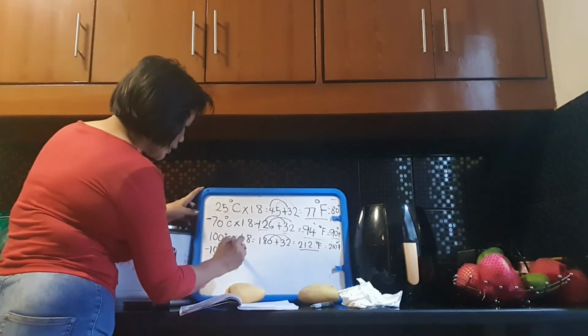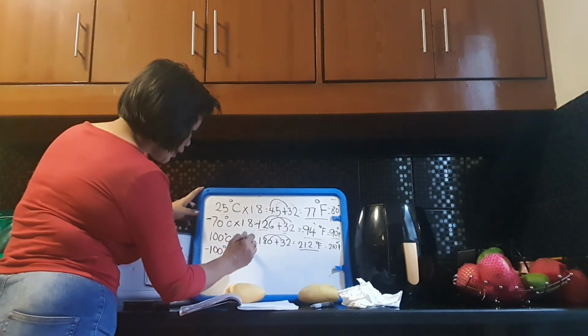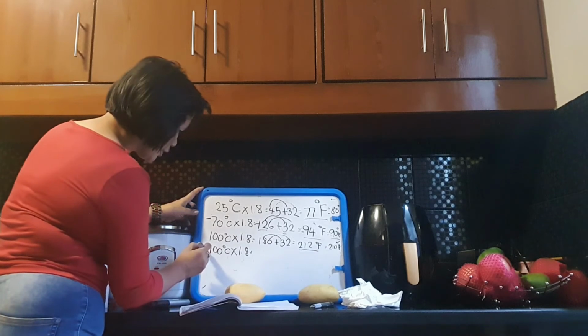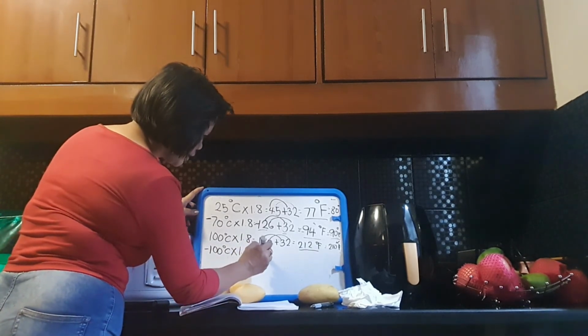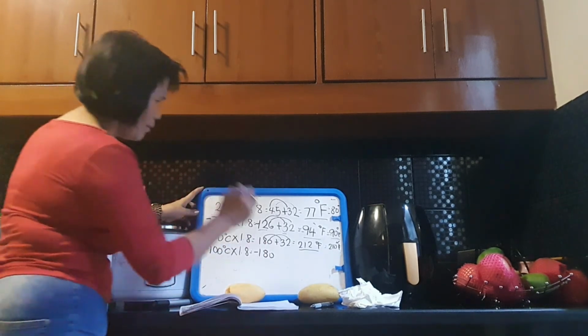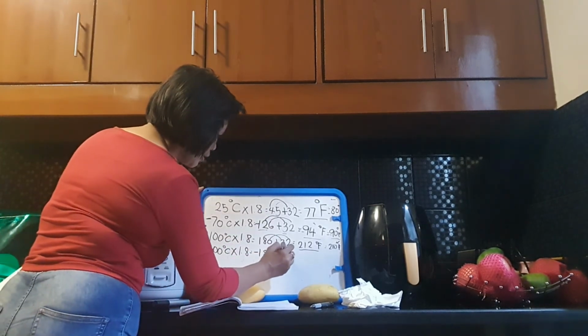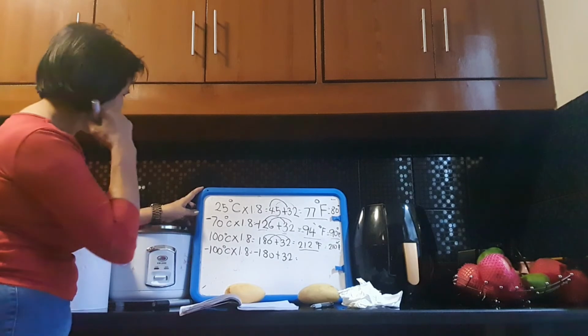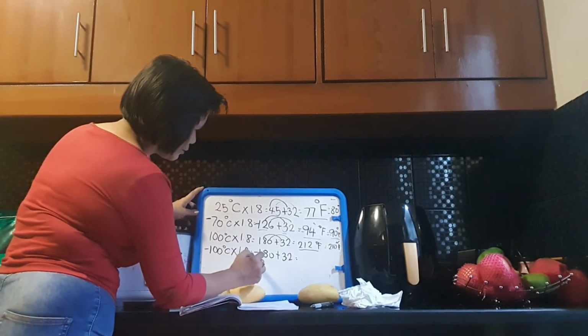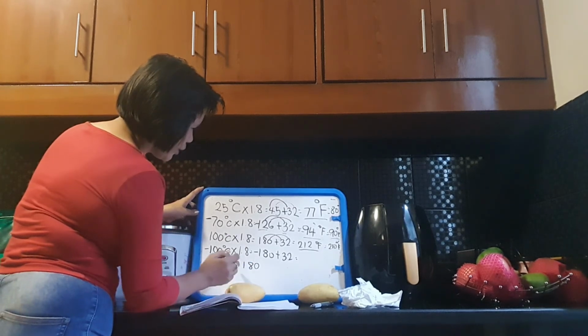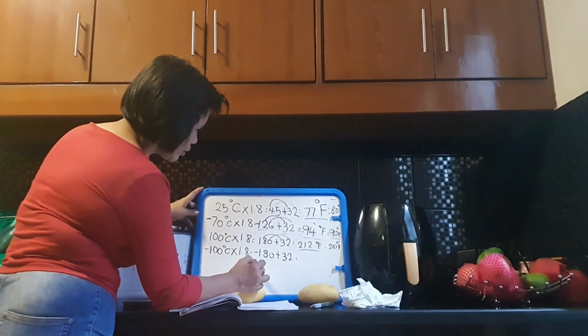Now, meron kayo dyan, negative 100 degrees centigrade. So, again, ang formula natin, multiplied by 1.8. So, that would be, if this is negative, so that would be negative 180. Okay? Plus 32. Okay, so paano ngayon ang gagawin natin dito? So, negative 180 minus 32.